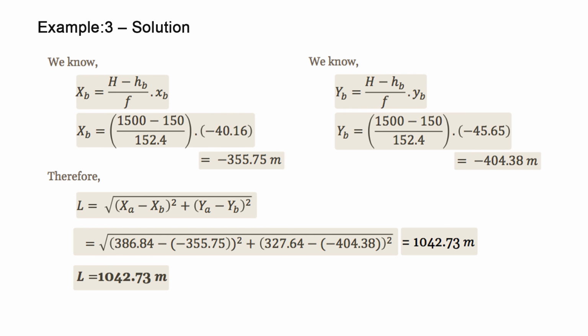Therefore, L is equal to 1042.73 meter, which is the answer. So, the horizontal length of the line AB is approximately coming to 1042.73 meter. This example shows how we can use photogrammetric techniques to convert photo coordinates into real world measurement, which is incredibly useful for mapping and surveying.